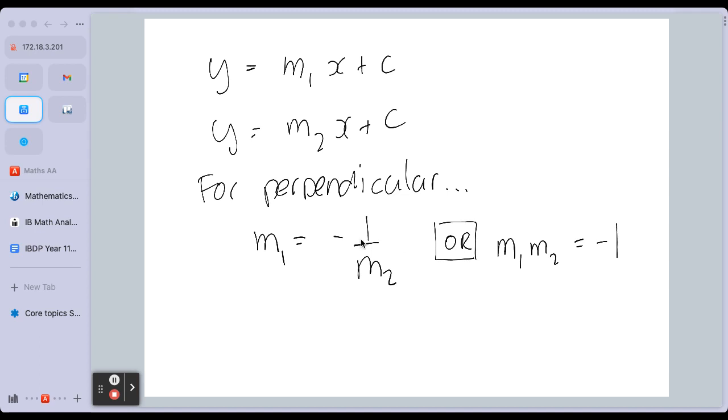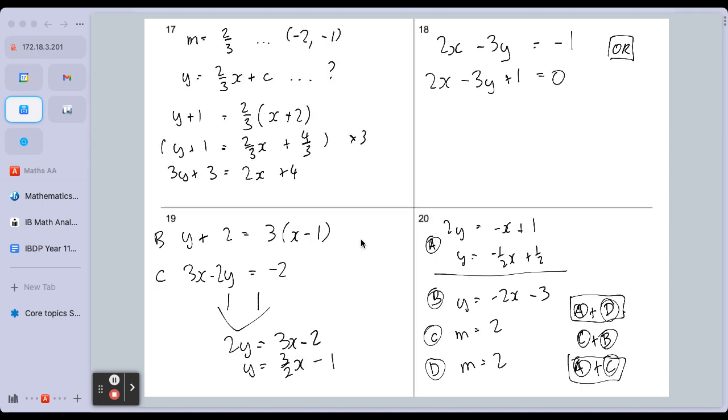So when we have a look at those gradients, I'm going to flick over the page again. When we look at these, if you're not too confident on the whole negative reciprocal thing, you can also just go, when I multiply minus a half by 2, I get -1.